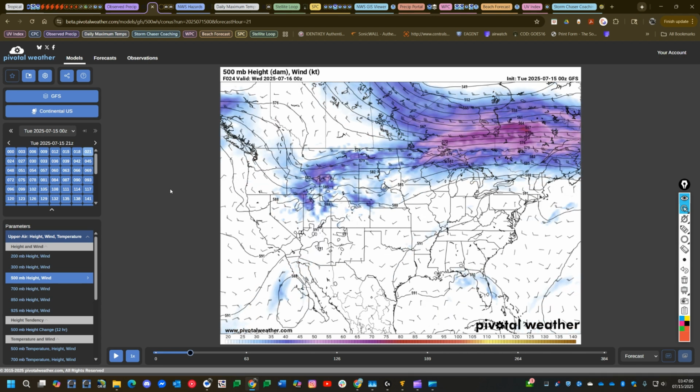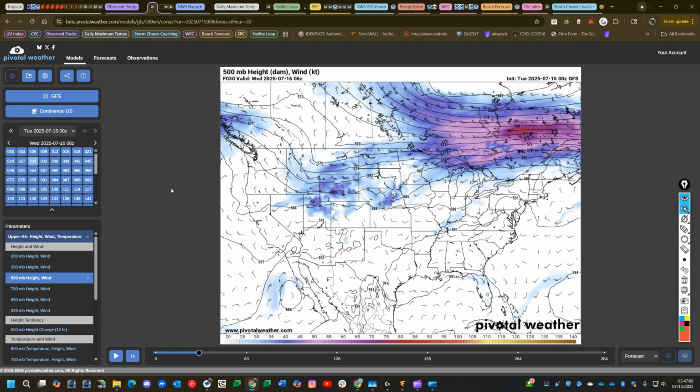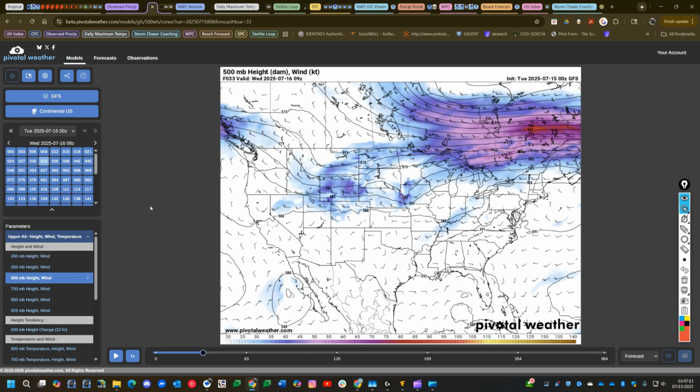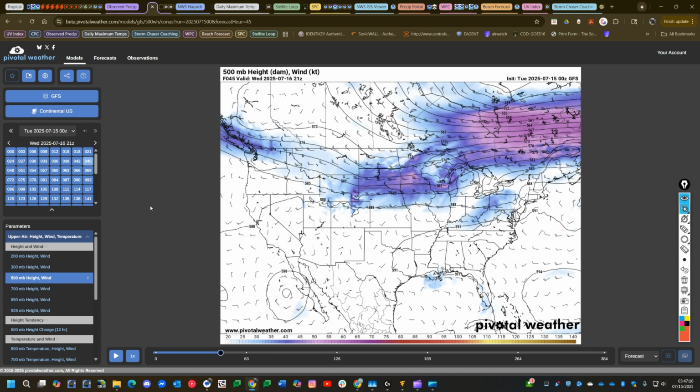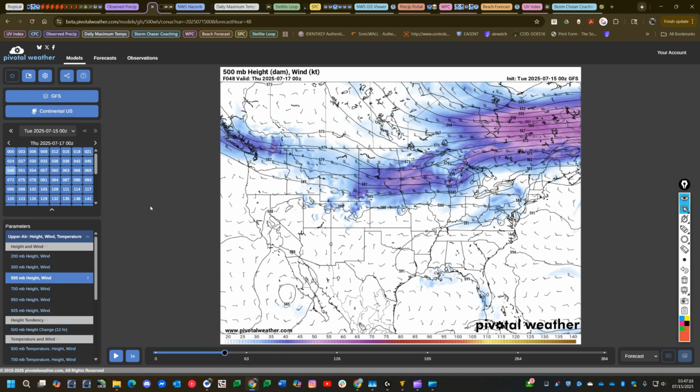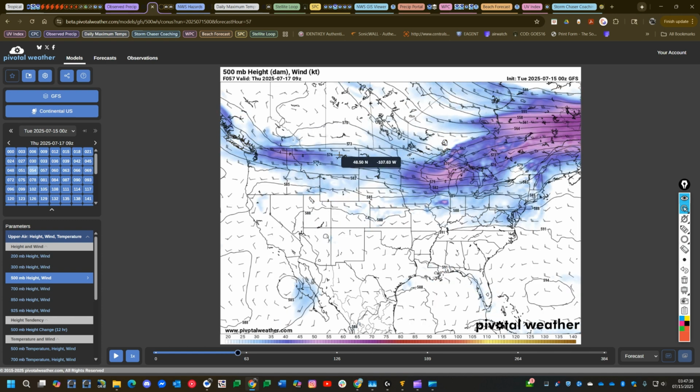You can see it's really broad flow here, ridging over the lower portion of the United States, with the flow enhanced right off into the northeast, north of Maine and the Northeast, with some enhanced flow right on the Great Lakes.